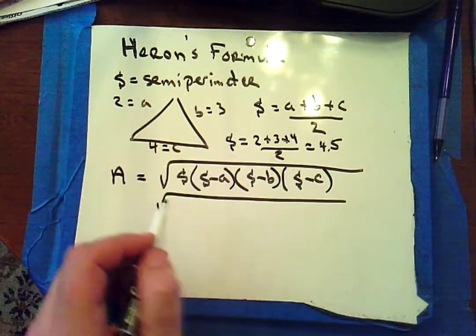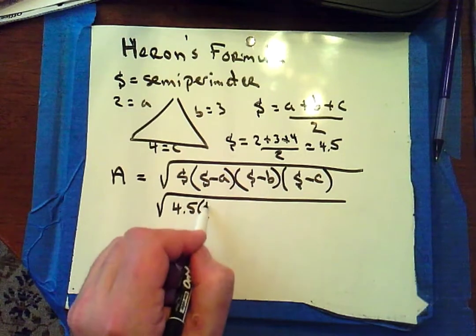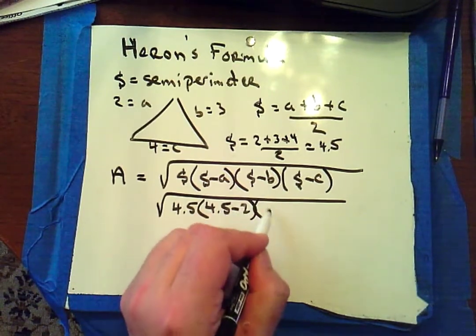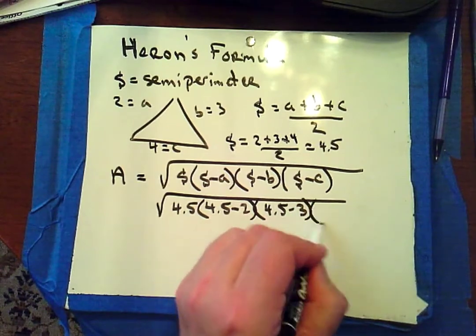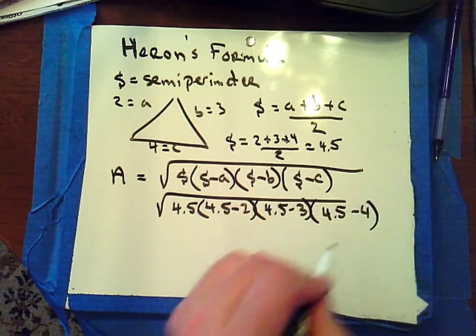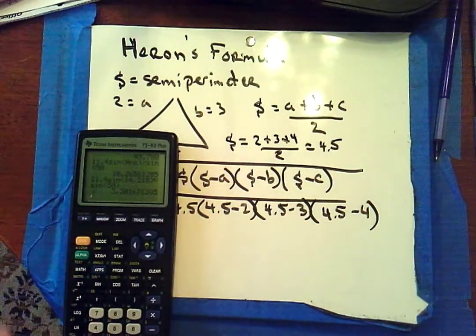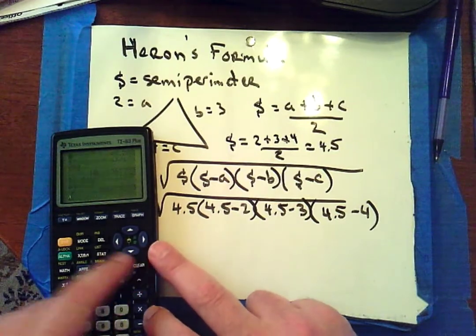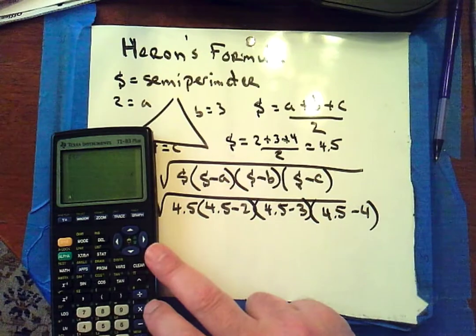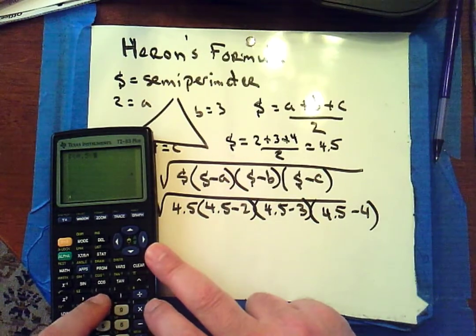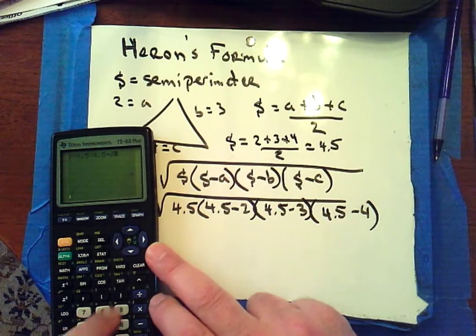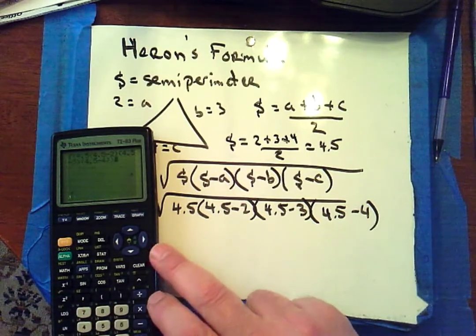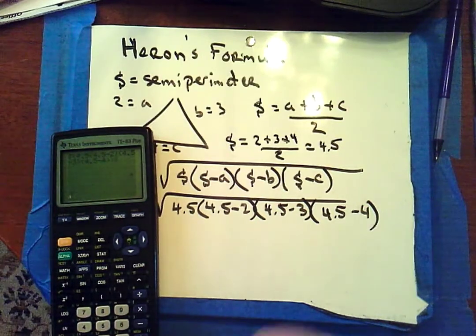So then our area formula would be 4.5, 4.5 minus 2, 4.5 minus 3, and 4.5 minus 4. Conveniently, I can pull out a calculator. Heron certainly didn't have the ability to use a nifty graphing calculator like we do. Square root of 4.5, times 4.5 minus 2, 4.5 minus 3, and 4.5 minus 4, and close parentheses. There's a lot of parentheses going on here, and you're welcome to tidy this up.